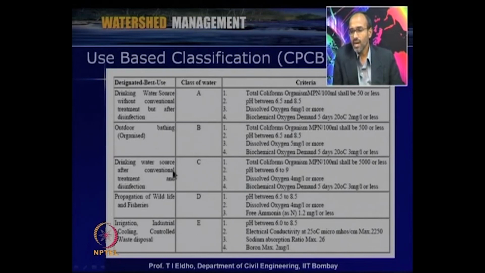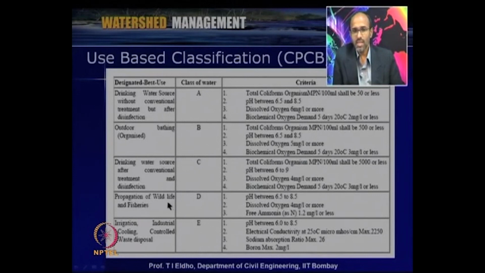But this water will go through conventional treatment and disinfection, so whatever the requirement is will be met. But in class A, only disinfection is done, and no other treatment.